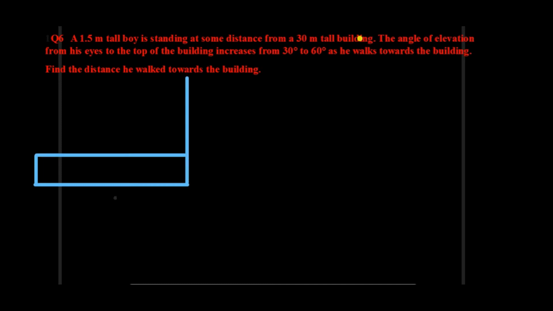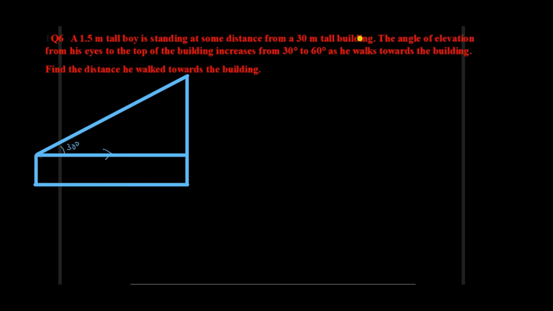So this will be his horizontal line of vision, but he is seeing the top of the building. So it is saying that the angle of elevation from his eyes to the top of the building increases from 30 degree to 60 degree as he walks towards the building. So when he is standing here and he is seeing the top of the building, then the angle of elevation is 30 degree.